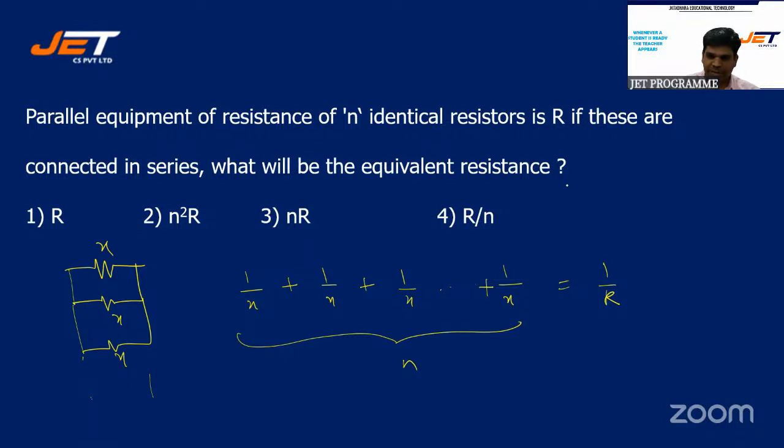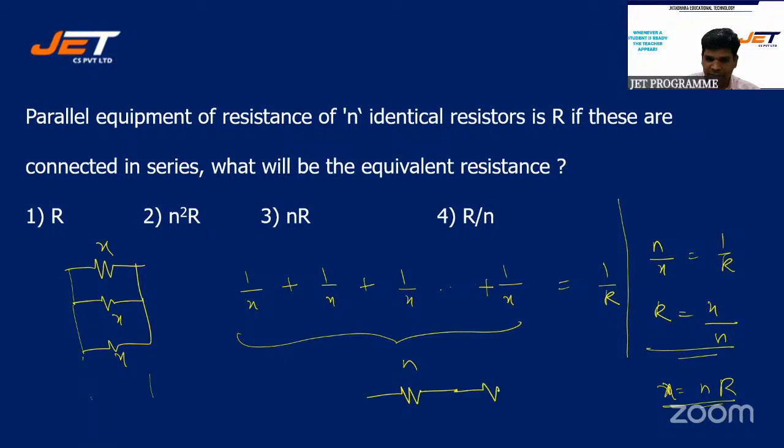So n by x is equal to 1 by r. So r is equal to x by n. Now required is x is equal to nr. X is equal to nr. Required is the resistance when n resistors of value x are connected in series.